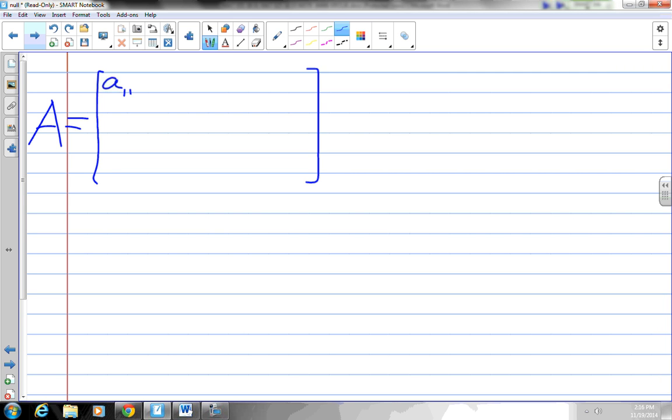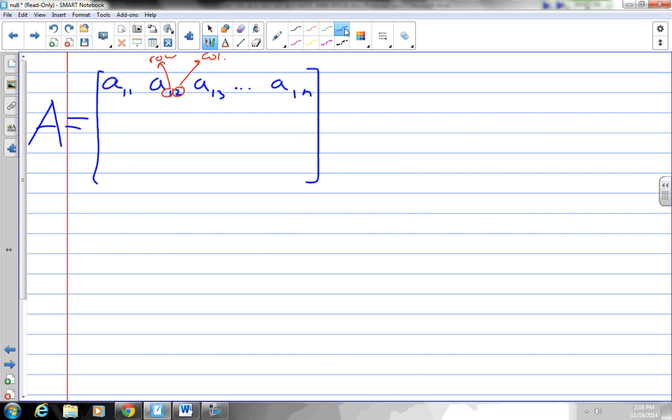And the second one, we'll label it as A sub 1,2, A sub 1,3, all the way to A sub 1,n. In that little subscript, the first number tells me the row, the second number tells me the column. So when you look at the entry with the subscript 1,2, that means first row, second column. So it keeps going like that.